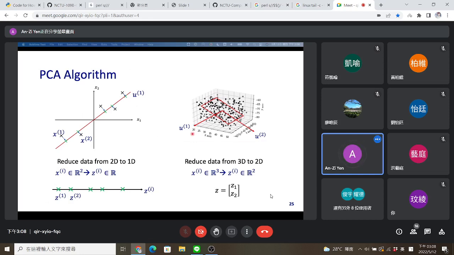The mathematical proof is complicated, and we will not talk about it in the following. We will just discuss the basic concept of the PCA procedure.